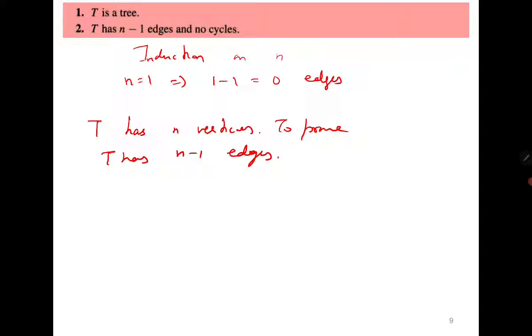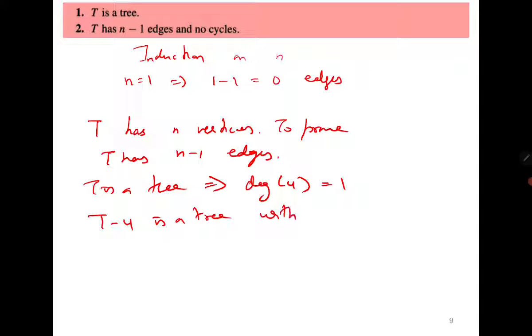Now since T is a tree, it has a leaf, which means there is a vertex u whose degree is equal to 1. If I consider T minus u, which means I delete the vertex u, then T minus u is a tree with n minus 1 vertices.